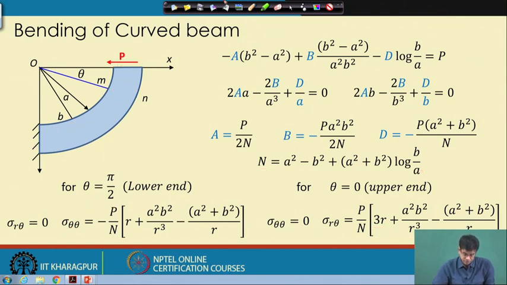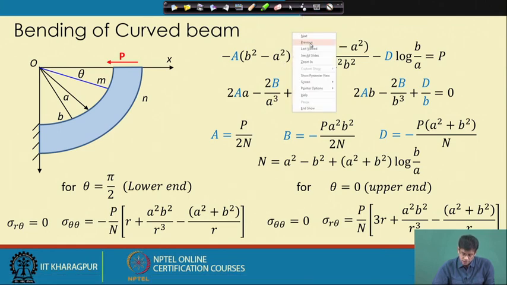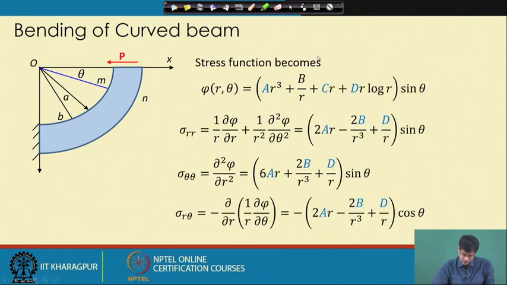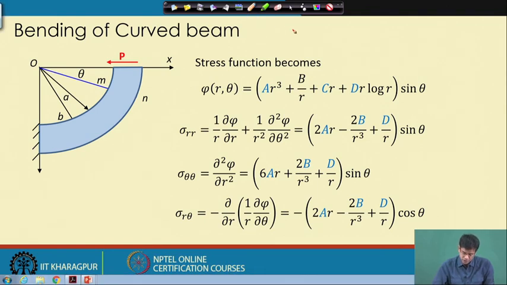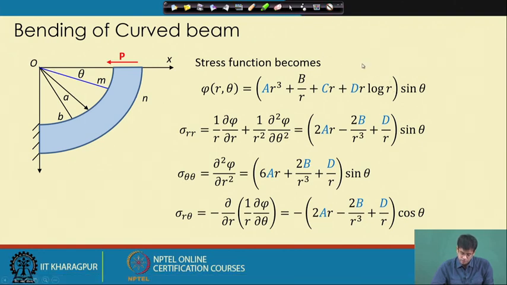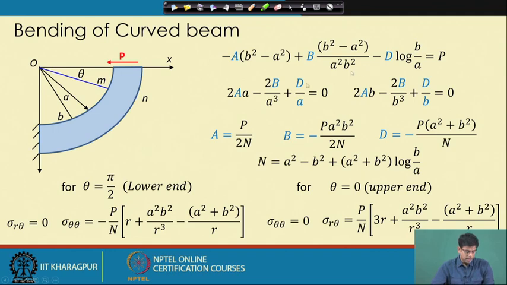If you look carefully in the previous slides at the stress expression for theta equals pi by 2, sigma r theta will be 0 because it involves cos theta.